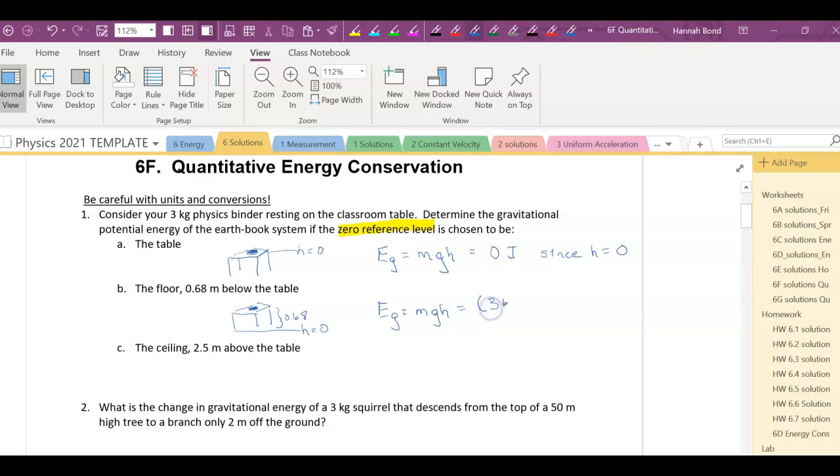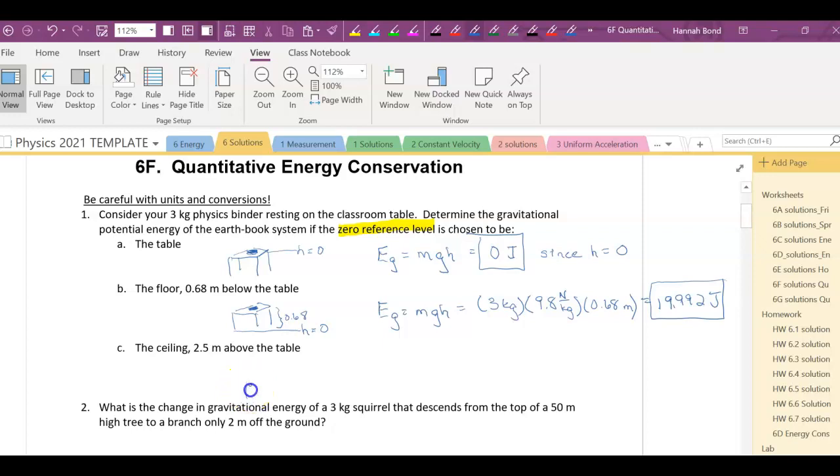So we've got 3 kilograms as its mass, 9.8 newtons per kilogram is the acceleration due to gravity, and the height is 0.68 meters. So now the Eg for this book would be 3 times 9.8 times 0.68, which is 19.992 joules. So same situation, but since we have set a different value of the 0 reference level, the book has a different amount of gravitational potential energy.